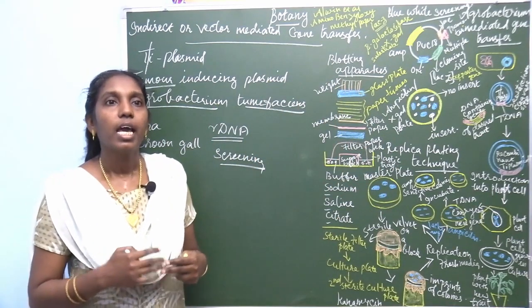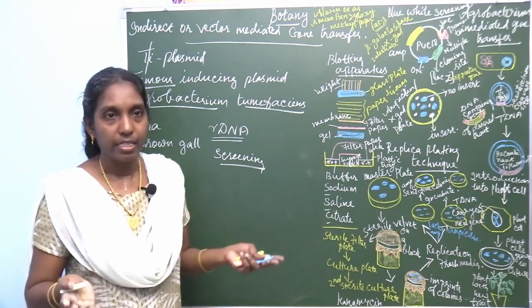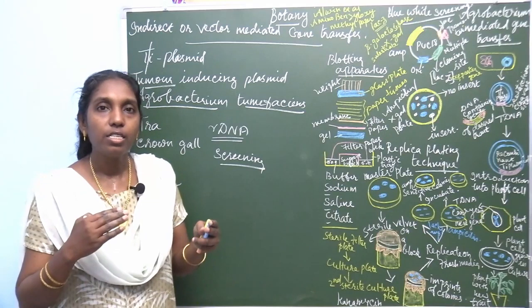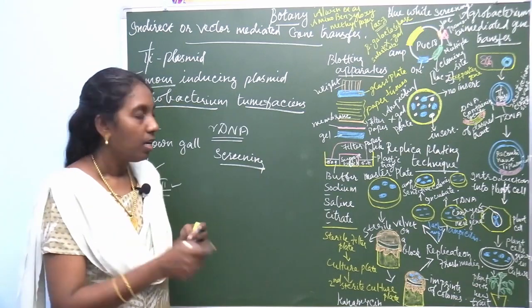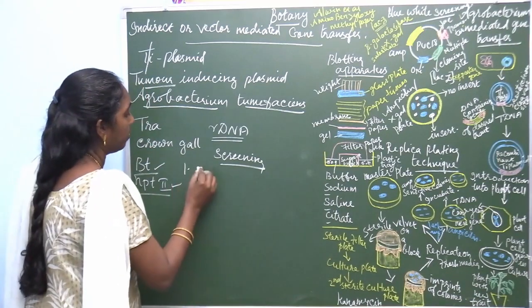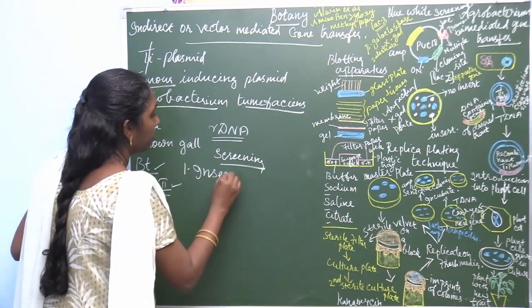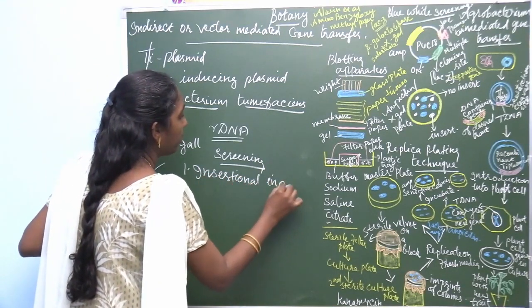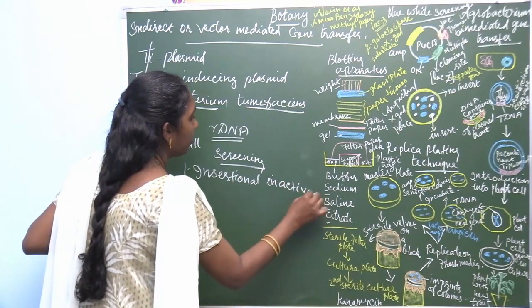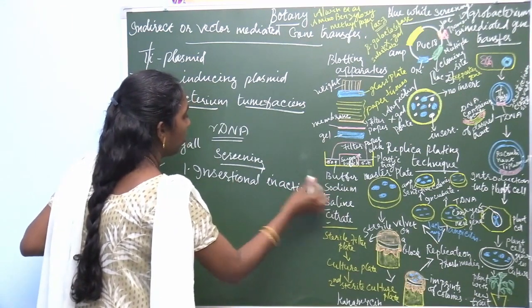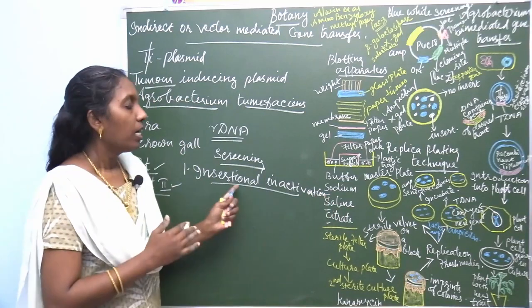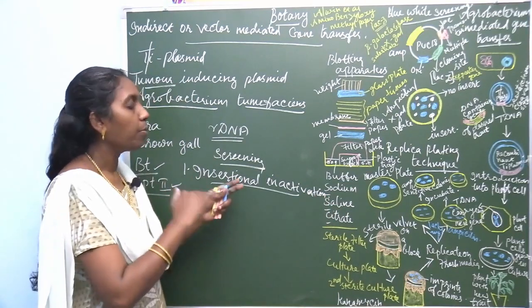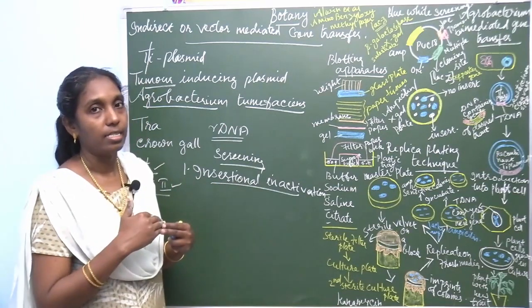First method is insertional inactivation. A gene is inserted, in which insertion of a gene makes the enzyme inactive.